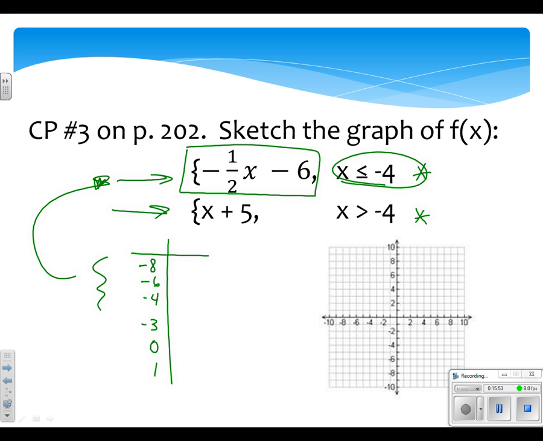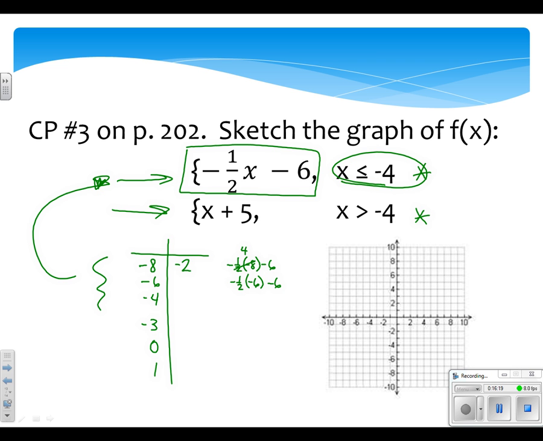So if I plug in -8 to -1/2 x minus 6, -1/2 times -8 is 4. 4 minus 6 is -2. Gives me a point I can graph. Do that with -6. Again, it's going to go into that same function because it is less than or equal to -4.